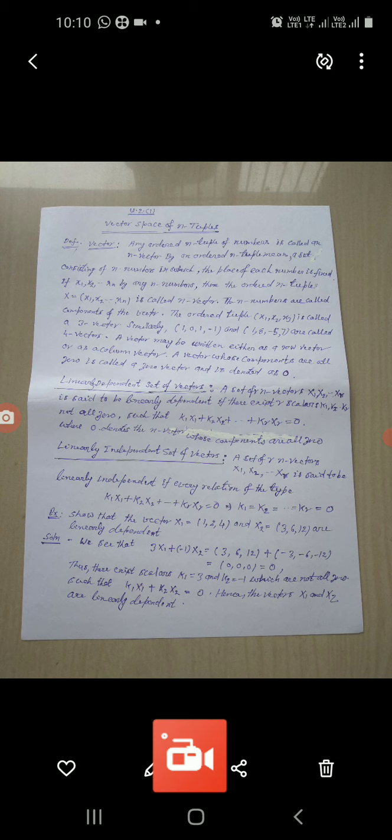Thus we see that there exist scalars k1 equal to 3 and k2 equal to minus 1. Comparing with k1 x1 plus k2 x2, we see that k1 is equal to 3, k2 is equal to minus 1, which are not all 0, such that k1 x1 plus k2 x2 is equal to 0. Hence the vectors x1, x2 are linearly dependent.